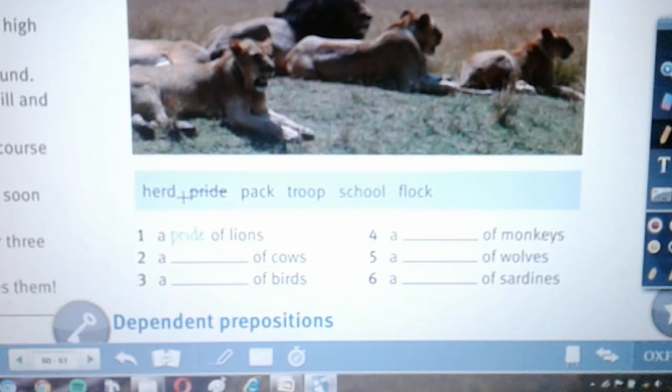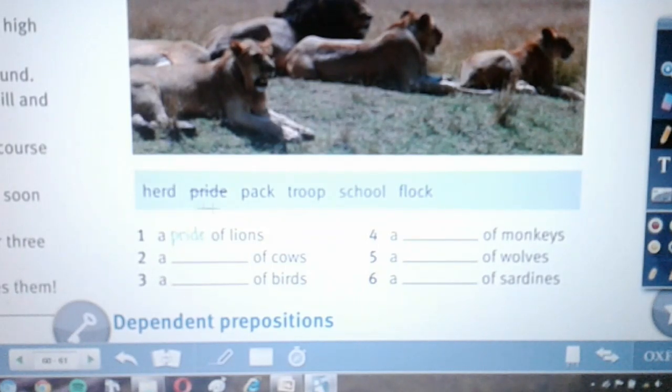A pride of lions. So, we call a group of lions as a pride of lions. Meanwhile, we use herd to call groups of large herbivores.